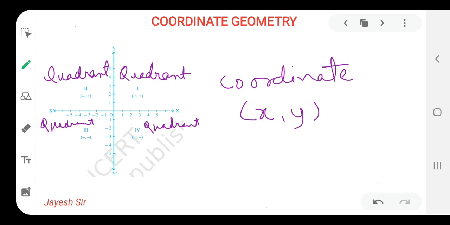Yes friends, the value of x, which we can see on the x-axis, is called a coordinate. So here let us assume that it is of quadrant 1, that means the value of x is 4, and the value of y is 3.